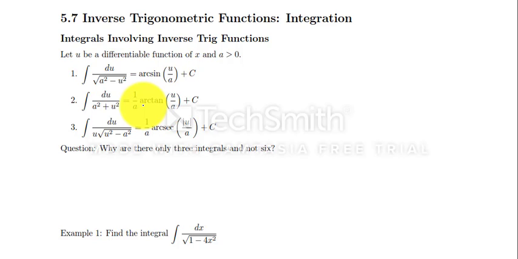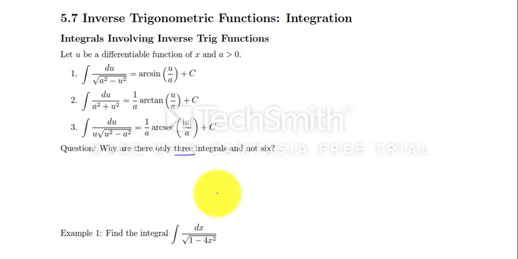inverse trig functions. Then you might want to ask the question, why are there only 3 integrals and not 6, since we do have 6 inverse trig functions?